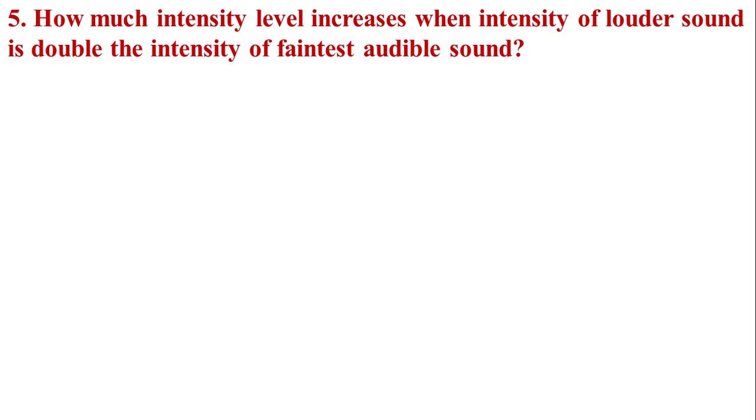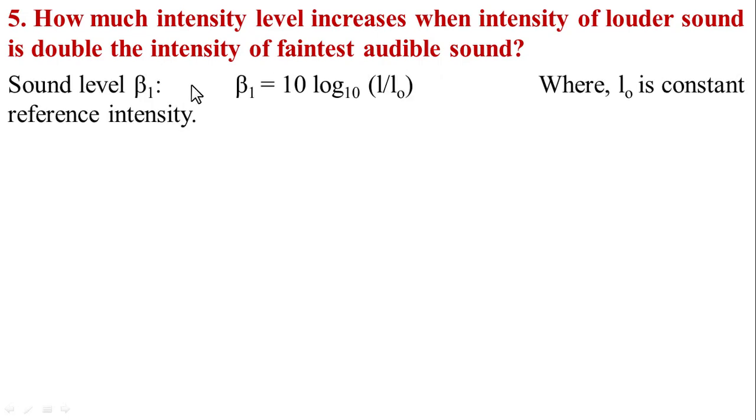In question number 5, the given statement is: by how much is the intensity level increased when the intensity of a louder sound is double the intensity of the faintest audible sound? Here, first of all, the sound level beta 1 is equal to 10 log of I over I naught.